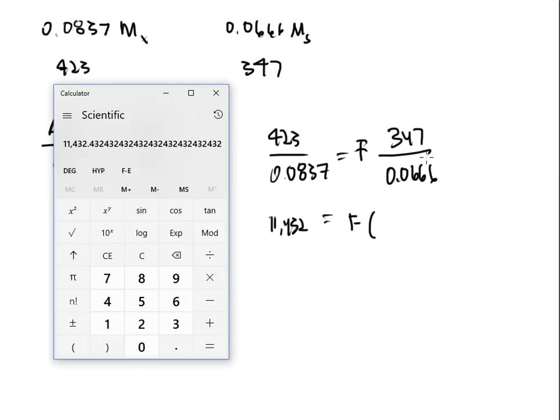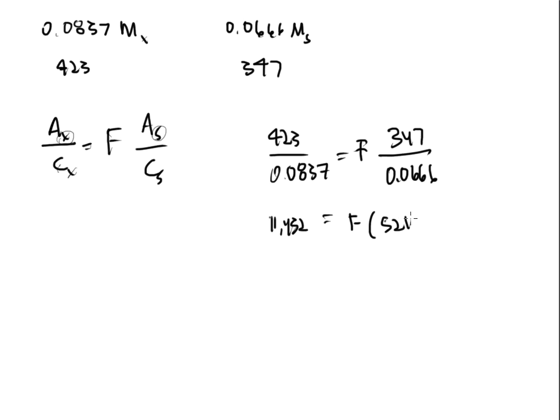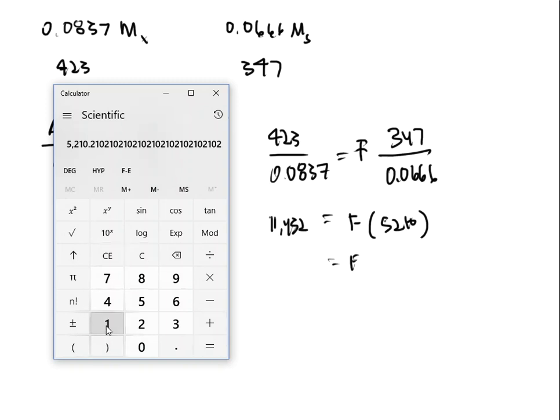And if I clear up 347 divided by 0.0666, that gives me 5210. And to solve for F, I'm going to divide each side by 5210. So 11,432 divided by 5210. That's equal to 2.1942.